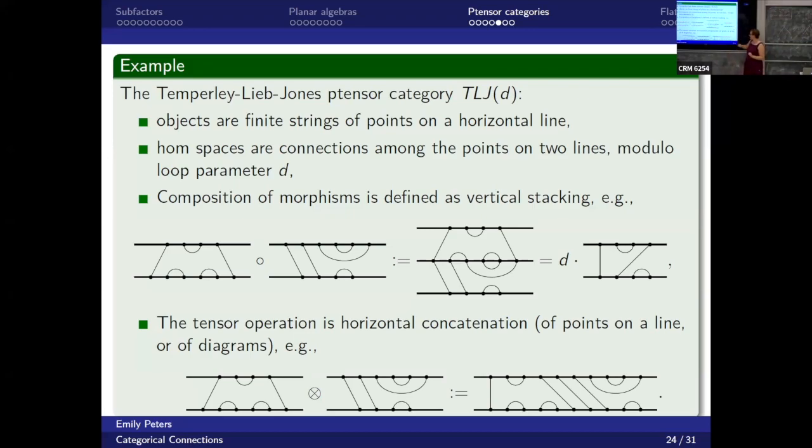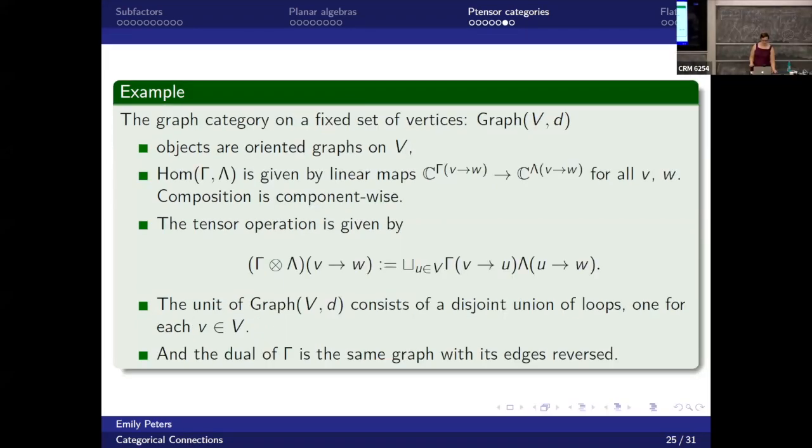Composition is stacking, and tensor is concatenation. Okay, and we can also fix a set of vertices and look at all graphs on this set of vertices and turn that into a tensor category. I'm going to skip over the details of this so that I can get to my punchline, but we do have this structure.